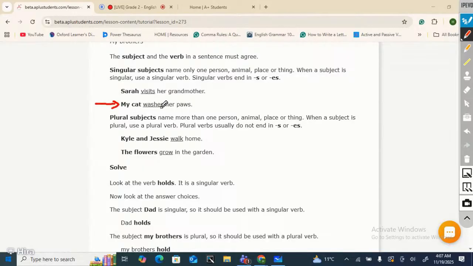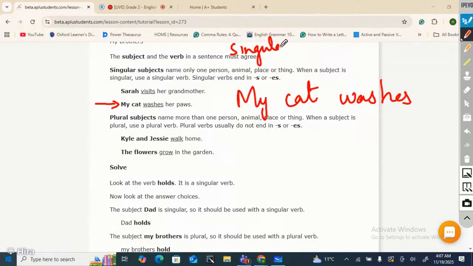My cat washes her paws. I've just written subject and verb. What is the subject of the sentence? Who washes her paws? My cat. My cat names only one animal. So again, it's a singular subject. And the verb that is used with the singular subject is washes.